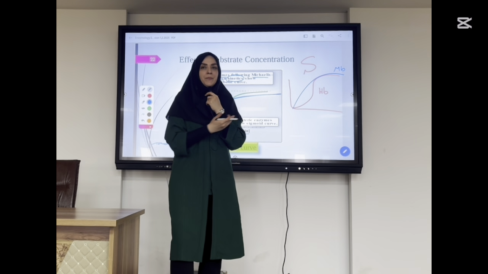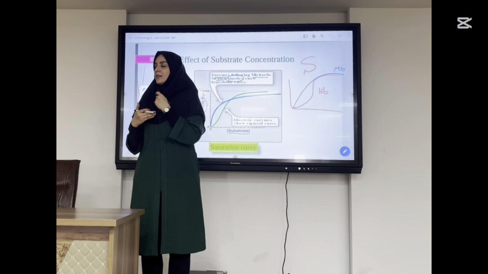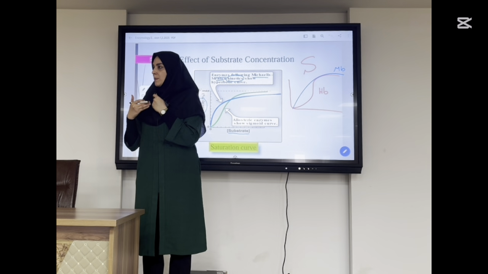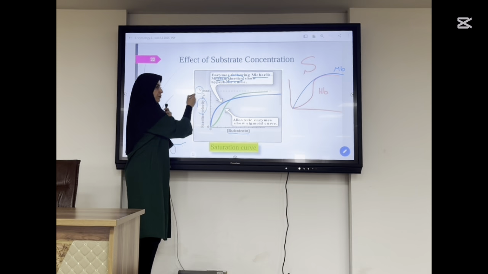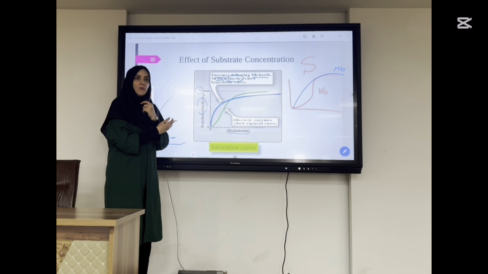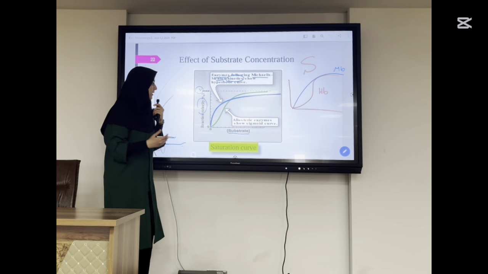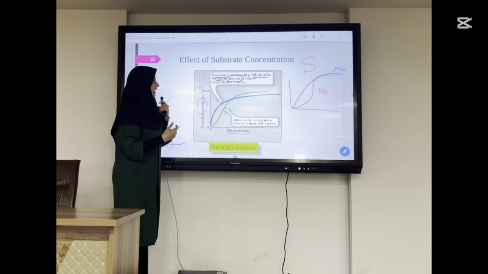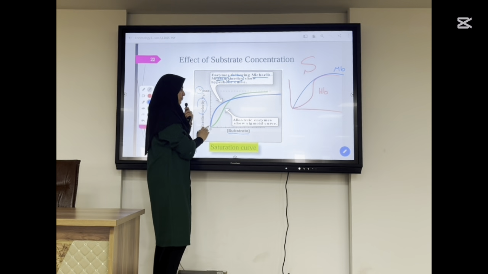For example, now I want to show the effect of substrate concentration on the rate of reaction or velocity. Rate means velocity, okay? It is one kinetic study. Do you understand? Most enzymes follow the Michaelis-Menten mechanism, and I will show the formula.